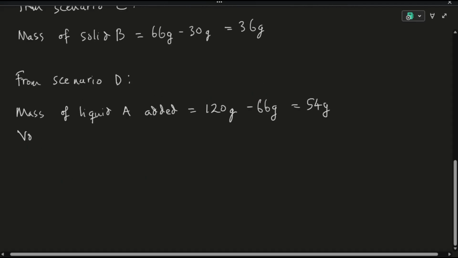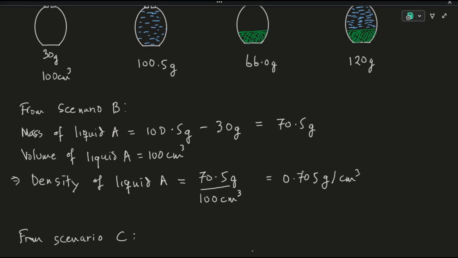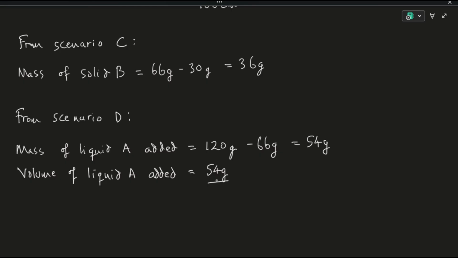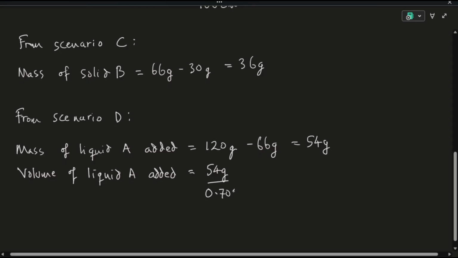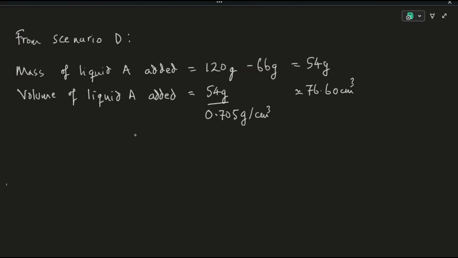So it will mean that the volume of liquid A added is the mass of liquid A added over the density of liquid A, which we determined over here. The density of liquid A is given by 0.705. So we're going to get 76.60 centimeter cubed. Now the total volume of the density bottle is 100 centimeter cubed.